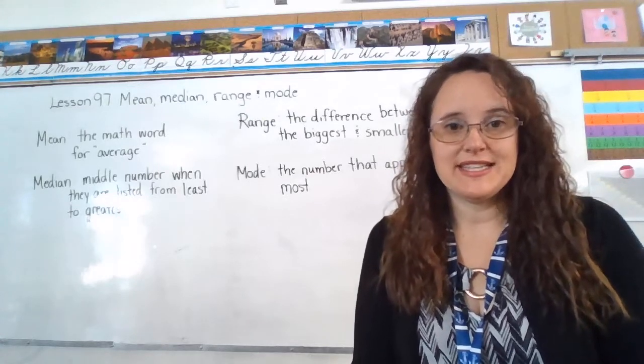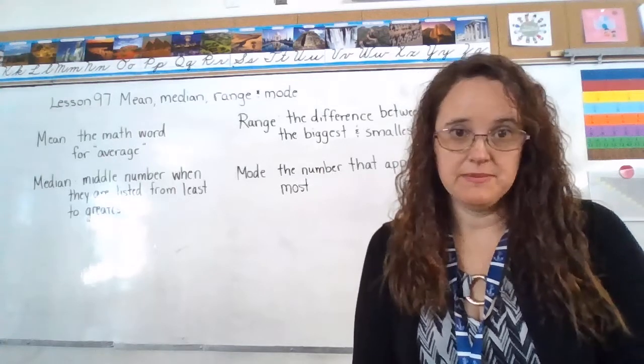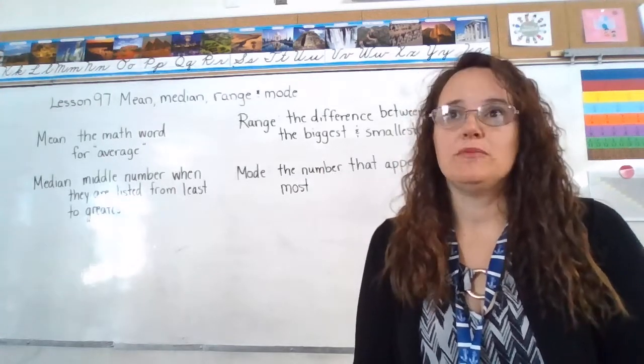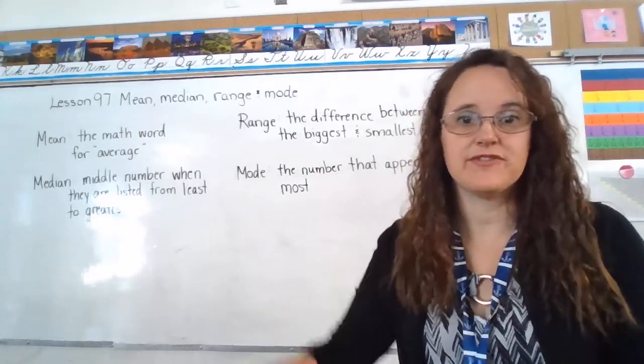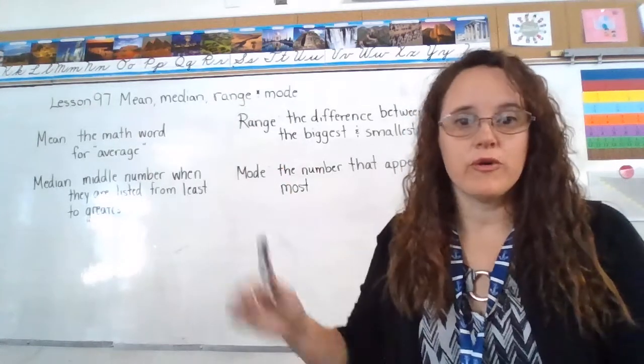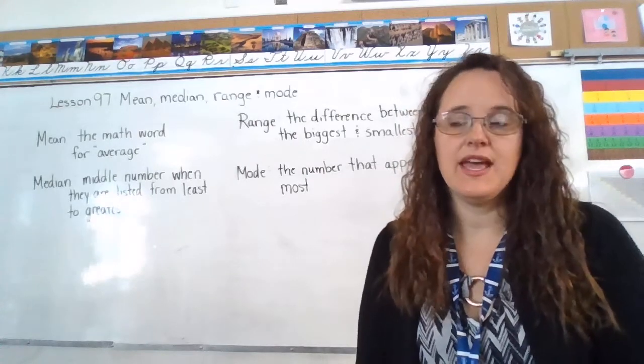We might keep data sets for scores in basketball games or football games or any kind of sports. You might keep data sets for inches or centimeters for how tall you've grown, or for how tall maybe a plant that you're growing is getting.